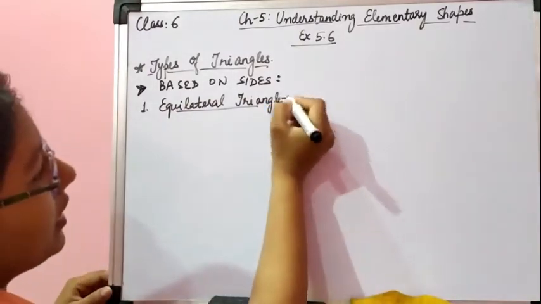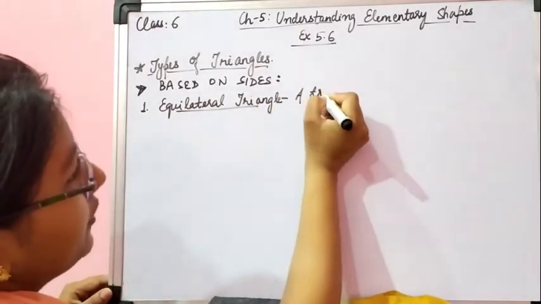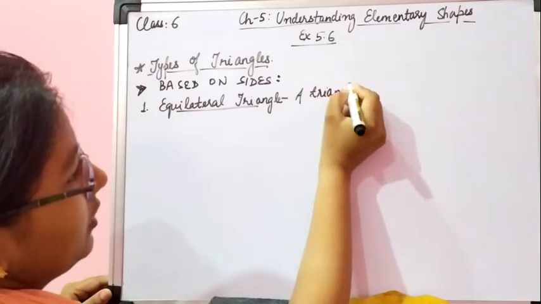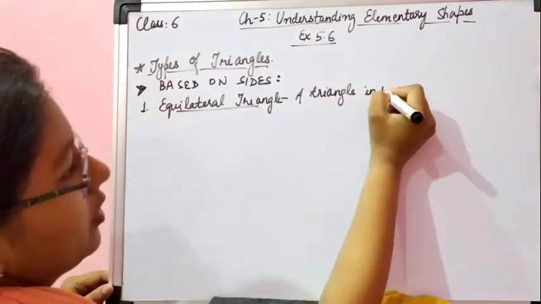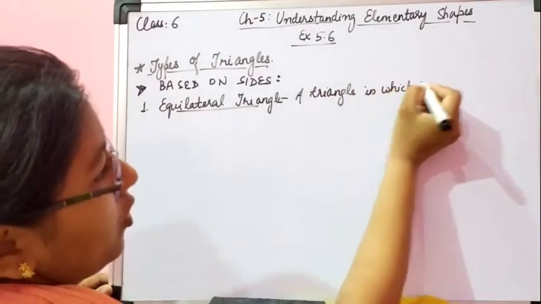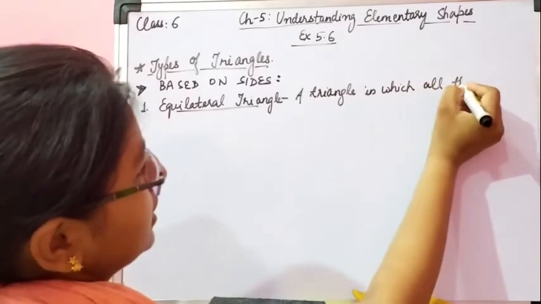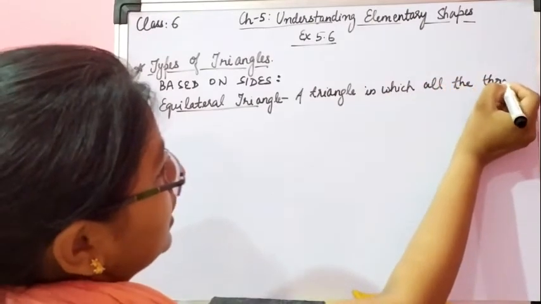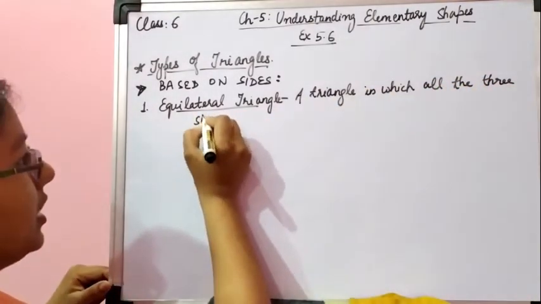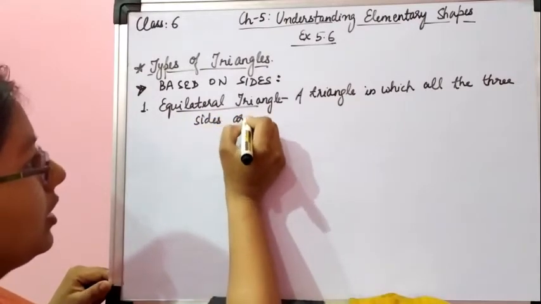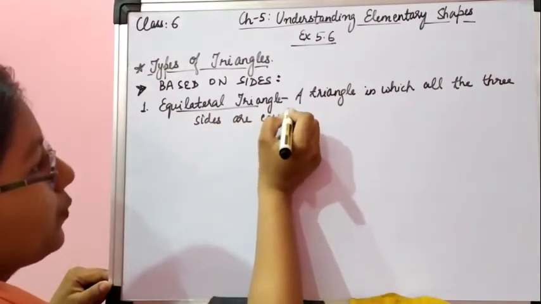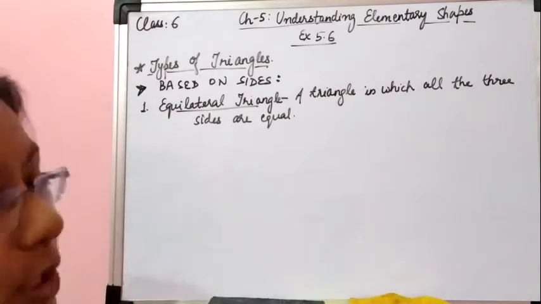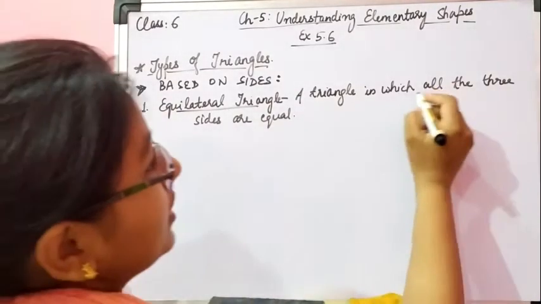What is an equilateral triangle? A triangle in which all the three sides are equal. This is called an equilateral triangle.